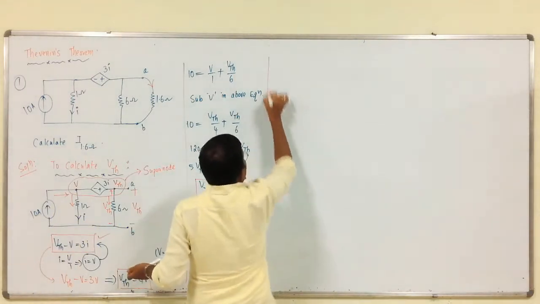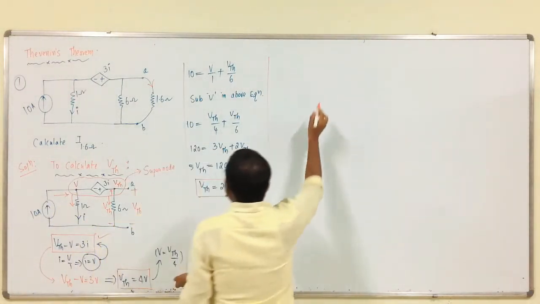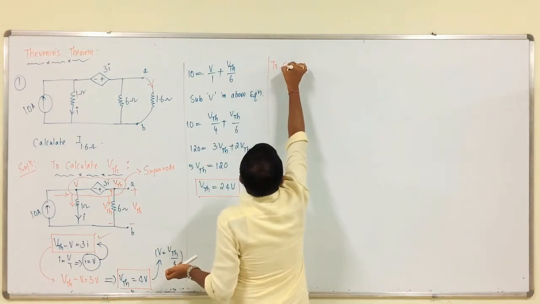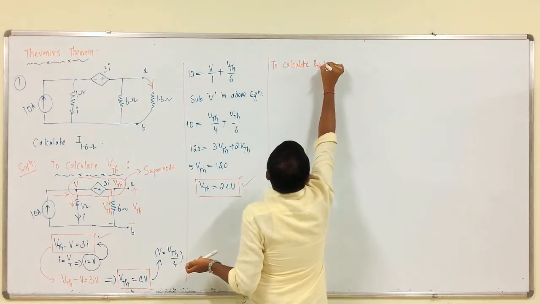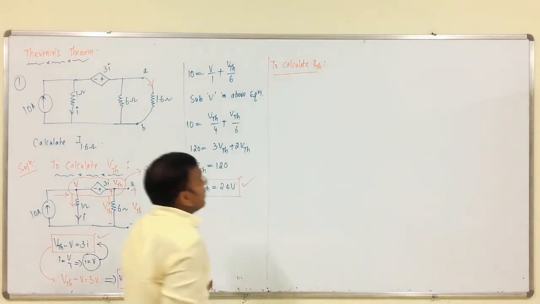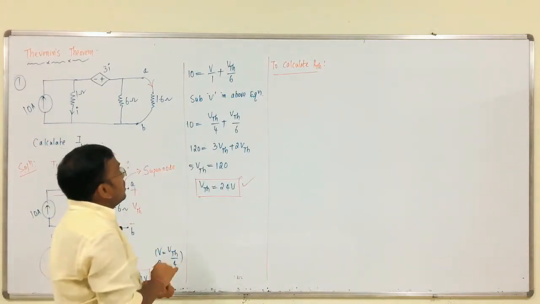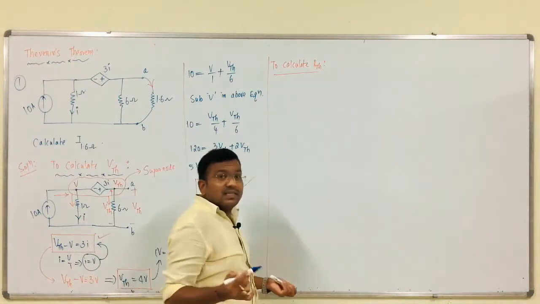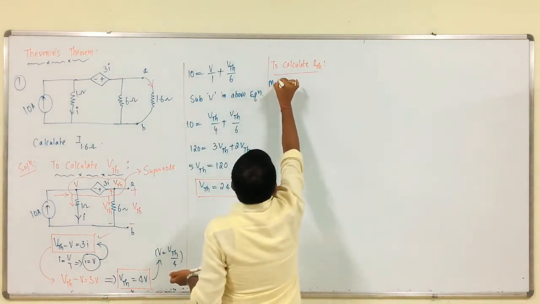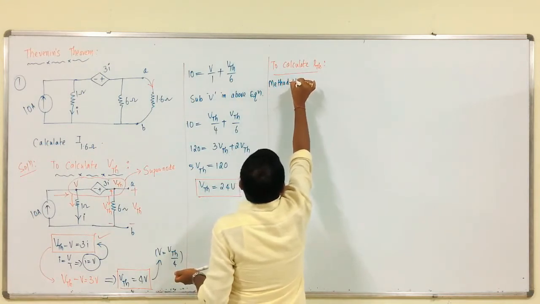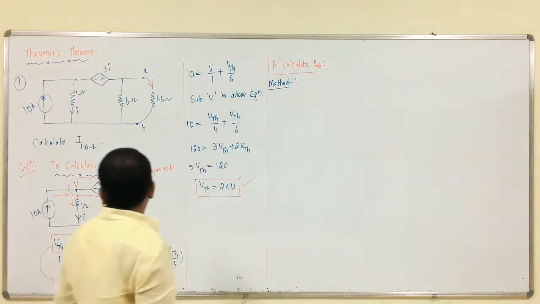Next, we have to calculate Thevenin's resistance, RTH. We will calculate this RTH by two methods. First, method 1. What is method 1?